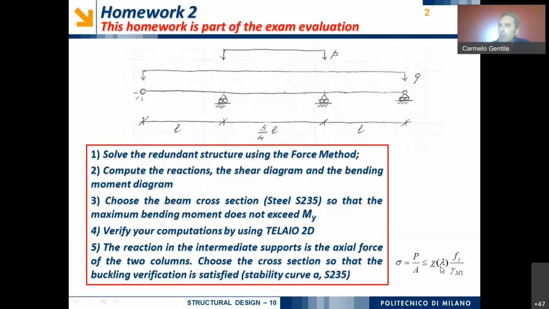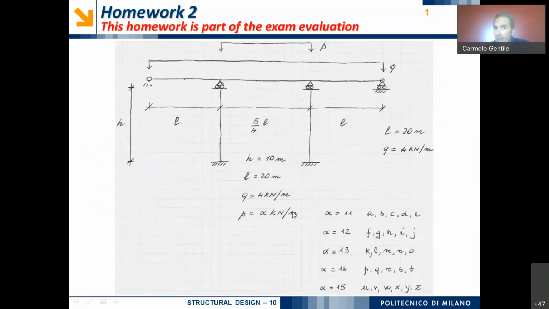But in order to evaluate the slenderness, you need to evaluate the effective length of the column, and the effective length of the columns depends on the constraint condition at the base and at the top of the column, basically.